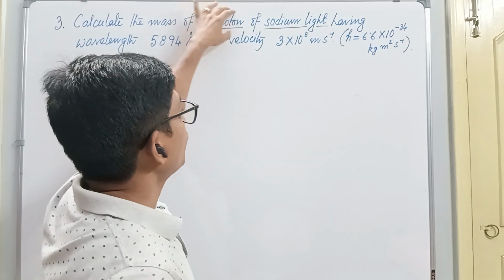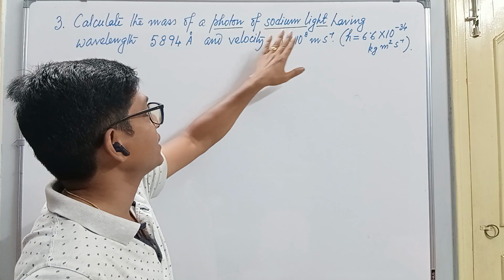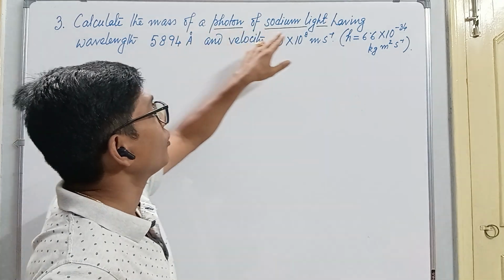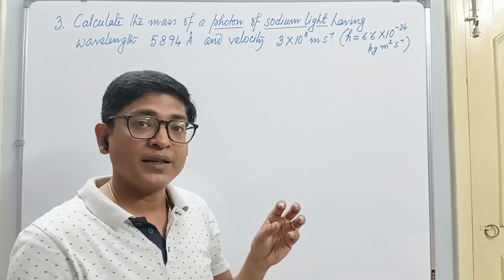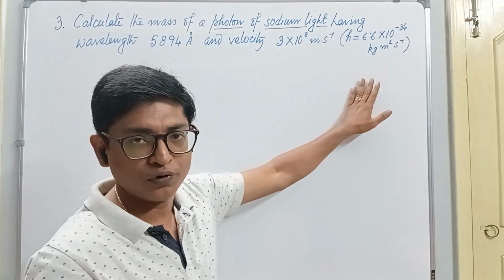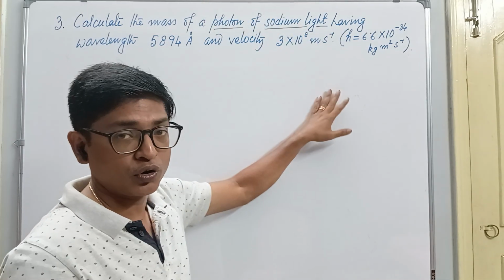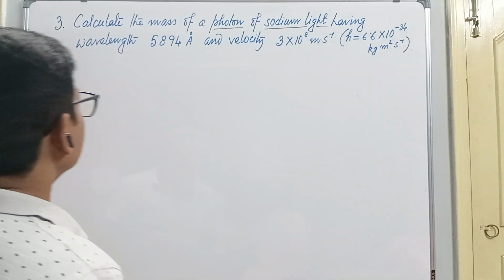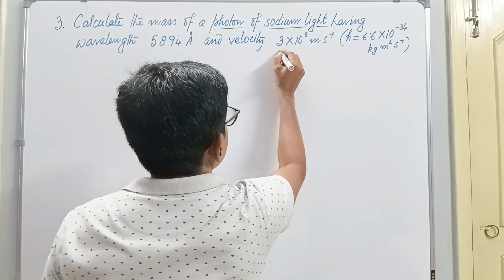That's why photon of sodium light. So you should not be confused with this phrase, photon of sodium light. You just take it as the particle nature of light. Then everything is very straightforward. To show you this only, I brought this numerical problem in front of you.